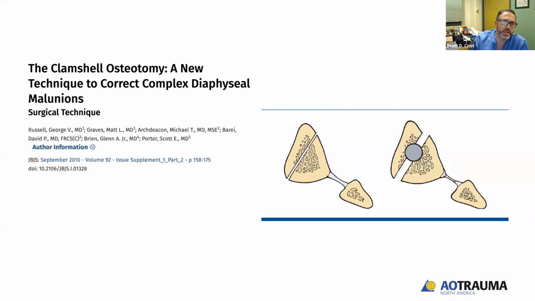And this is the subsequent article to the femoral clamshell osteotomy paper from George Russell and folks out at Harborview and Michael Archdeacon. I wanted to show that figure because it is different as far as where you create the clamshell for the tibia, because there is a soft tissue concern. So it's more anterolateral to posteromedial.